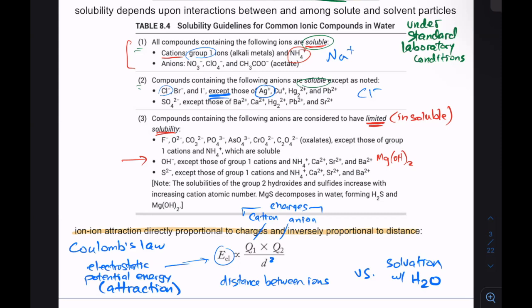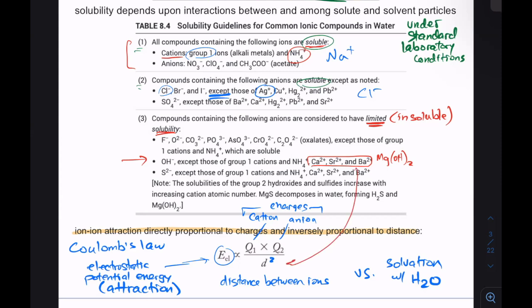This has limited solubility, but as you get larger in the ionic radius here, the calcium ions, the strontium ions, those are much larger, even though the magnitude of the charge is the same. The distance between those cations and the hydroxide polyatomic anion gets larger and larger. So this is going to influence the denominator.